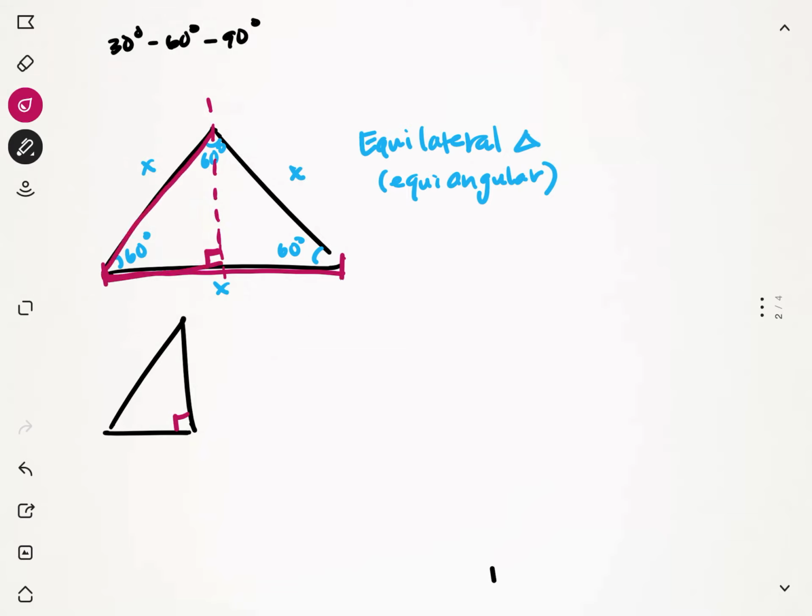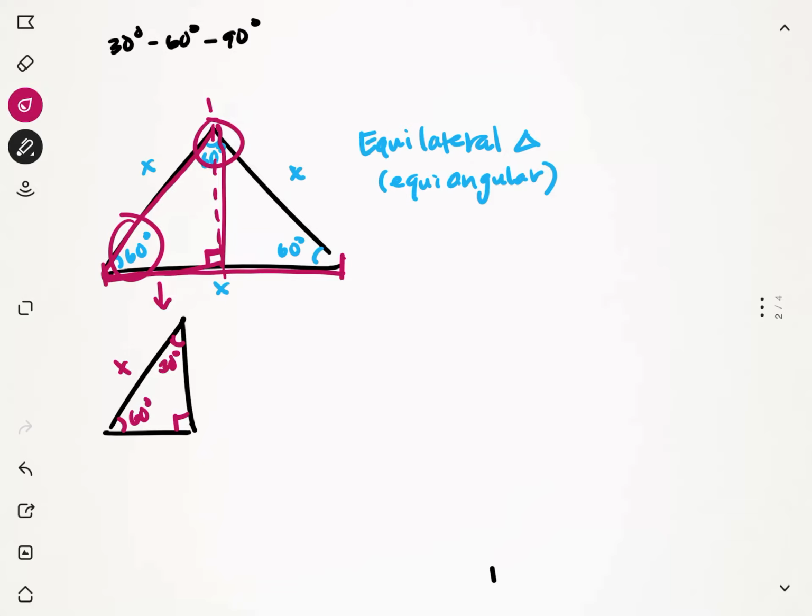All we did was take this triangle here, and we're taking half of the original triangle. This angle here is unchanged, right? We have 60 degrees, that's still 60 degrees. This angle up here, well, we split that triangle in half, so that angle is also half of 60. That's going to be 30 degrees.